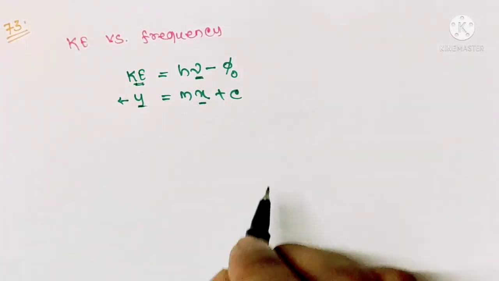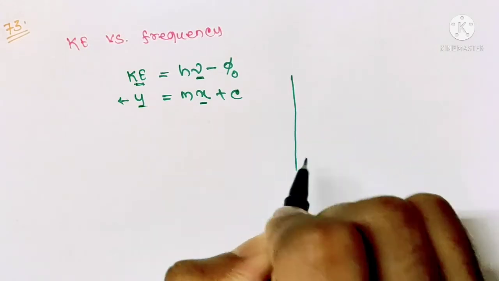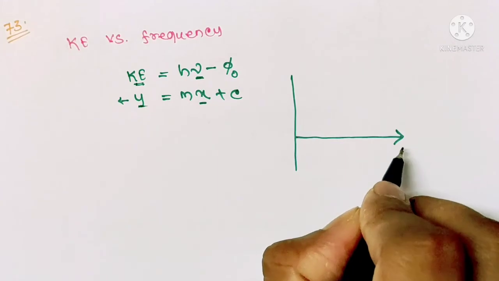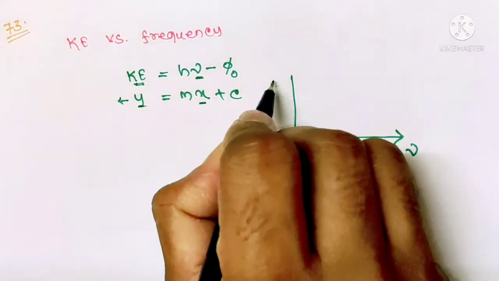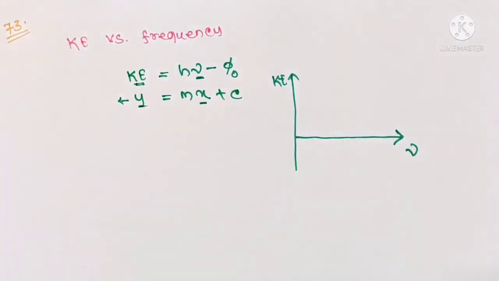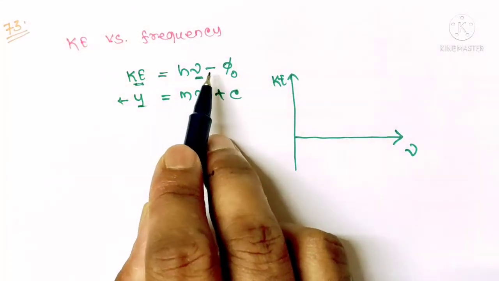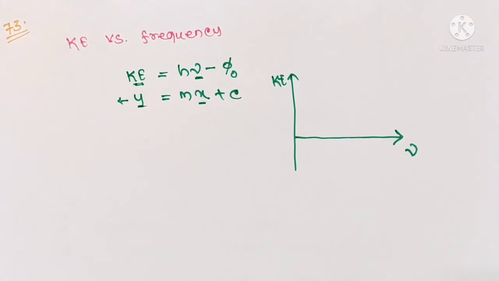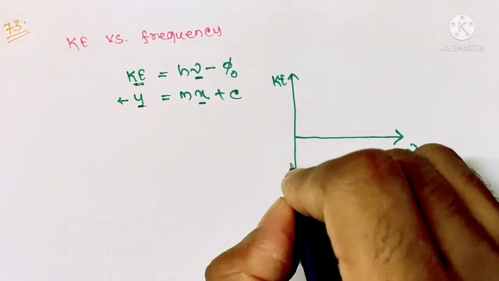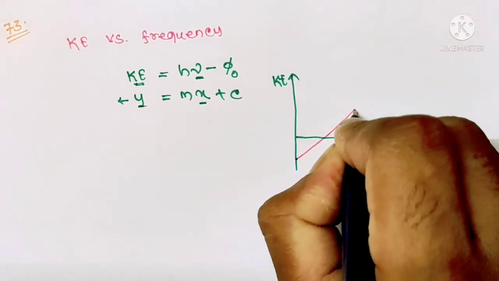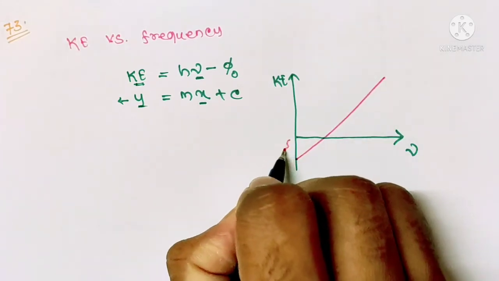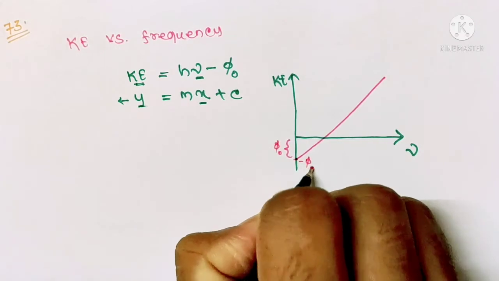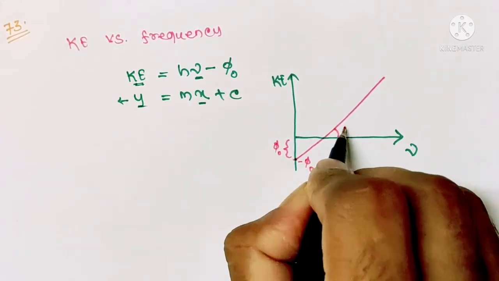Let us draw the graph. Here x is our frequency, y is kinetic energy, the slope is positive and the y-intercept is negative. So the graph will be like this. This is your y-intercept, minus phi naught. This is theta.